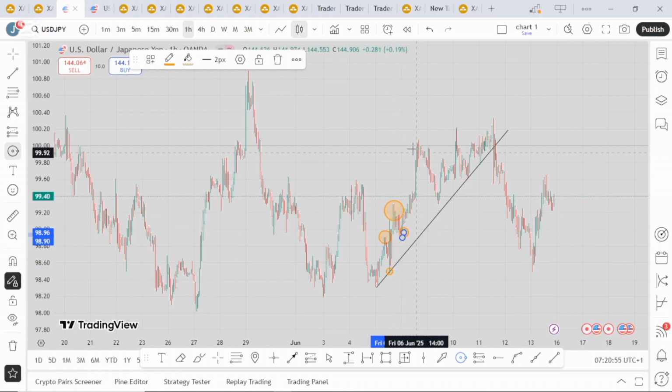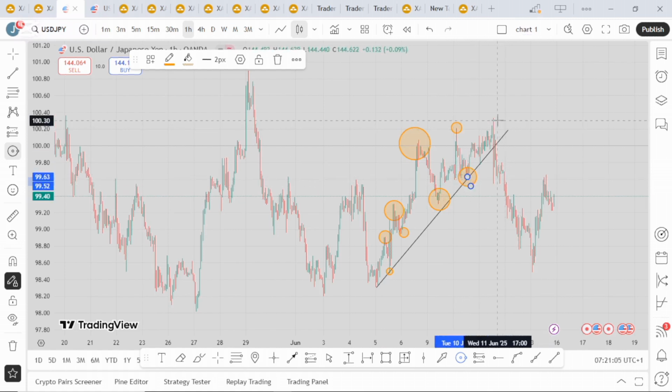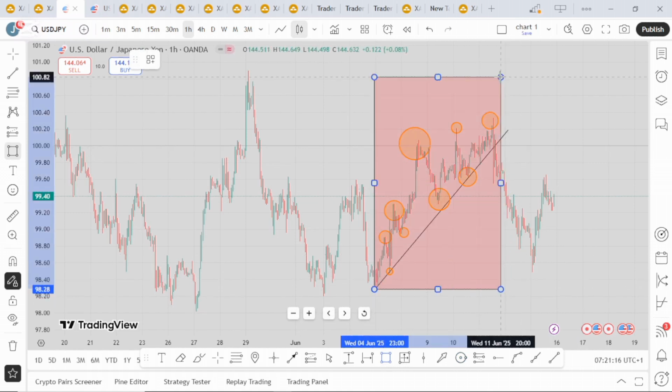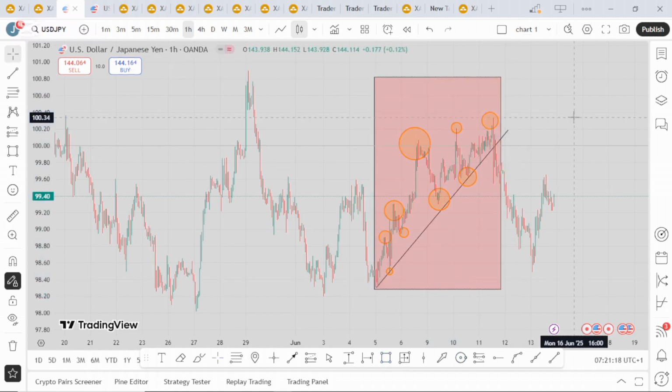You see how price is going. Price came and formed this here, and then this here. Then price formed this one and came and formed this big one here. Then after this, price came and formed this high. So from this zone to this particular zone is bullish market structure.